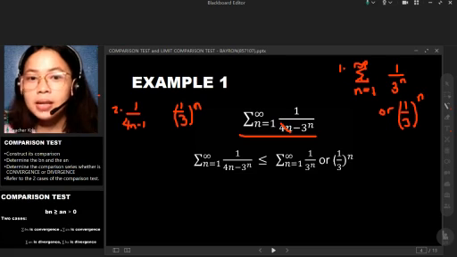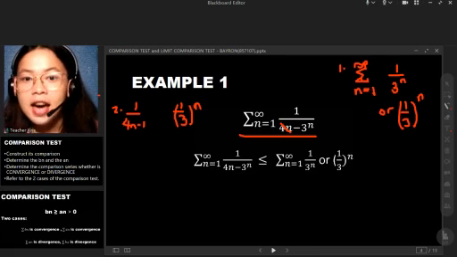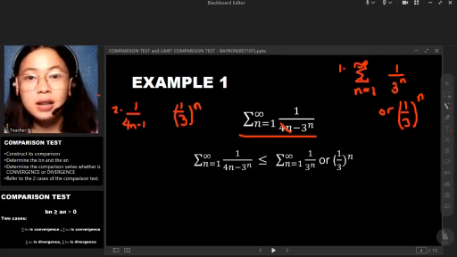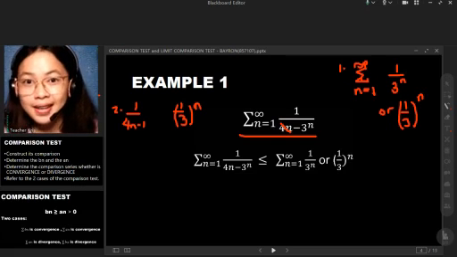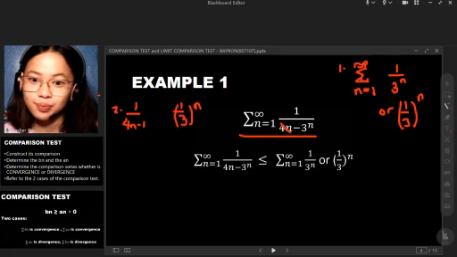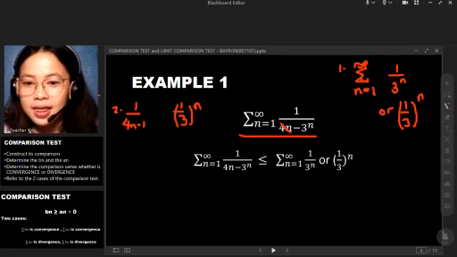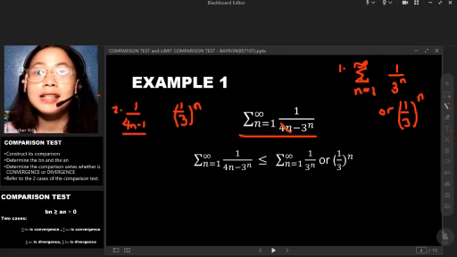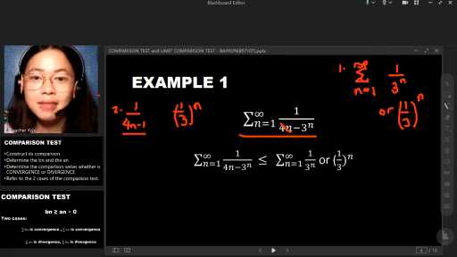Now, take note that if the denominator has a bigger value, the whole value of the fraction is small. So as you can see, this fraction has a big denominator.